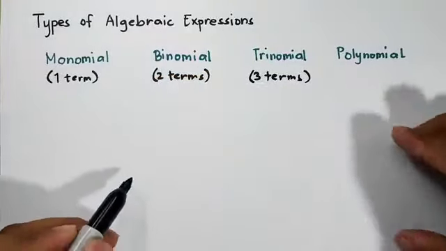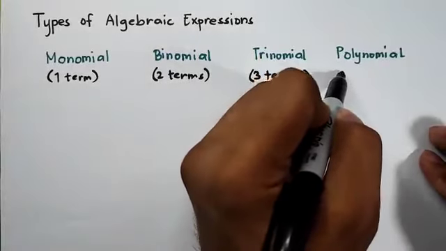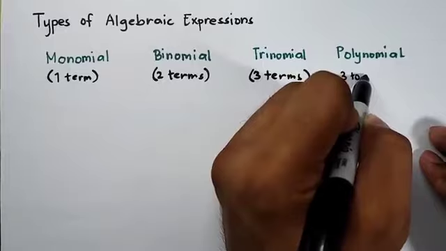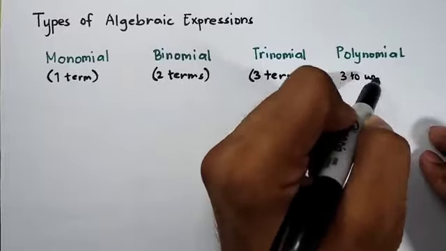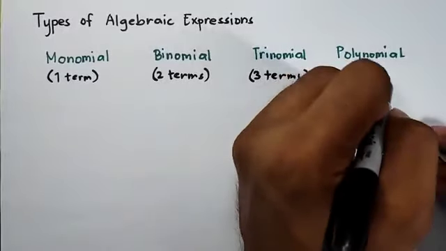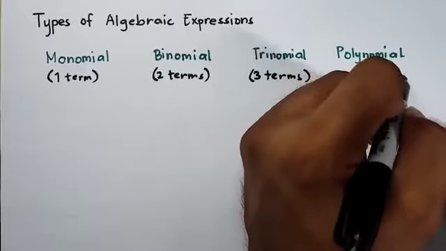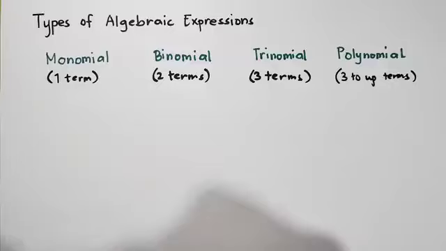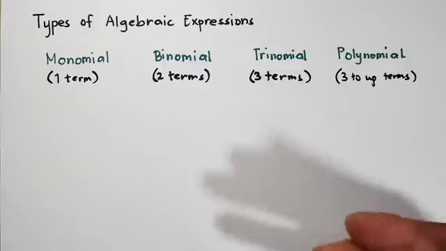Kapag naman polynomial, 3 to up or 3 or more terms. So for you to visualize well, para mas maintindihan mo ano ibig sabihin ng monomial, binomial, trinomial, and polynomial, I will give you 2 examples for each type of expression.